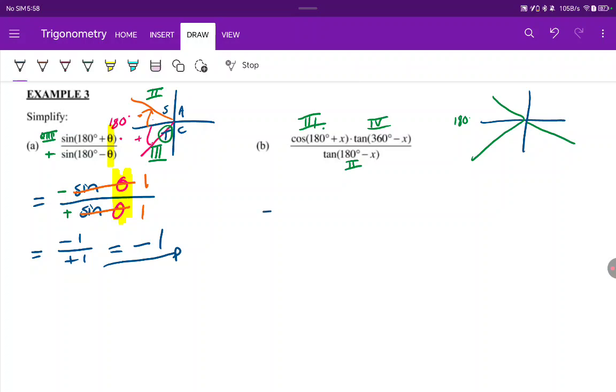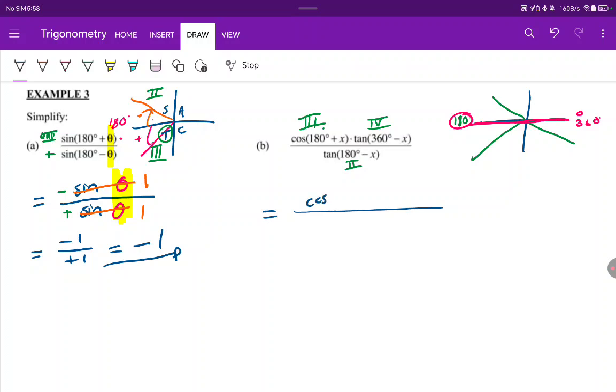So our answer is going to be a fraction. We are going to keep the function, because we are using the x-axis, right? We're using 0, 360 and 180. We keep the trig function, cos or tan, according to the question. The only part that we change is whether it is positive or negative.